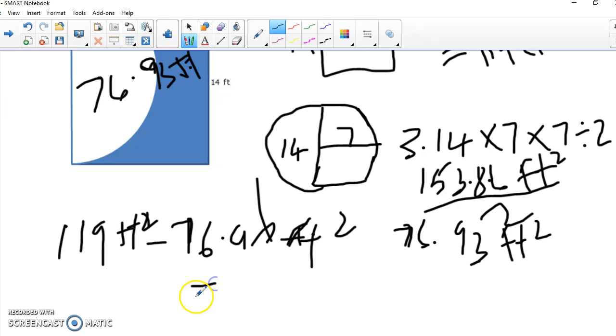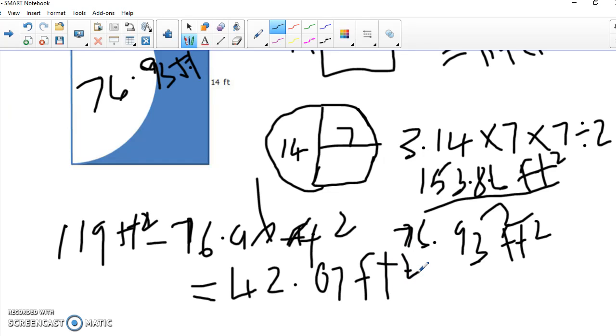And the remainder would be 42.07 feet squared.